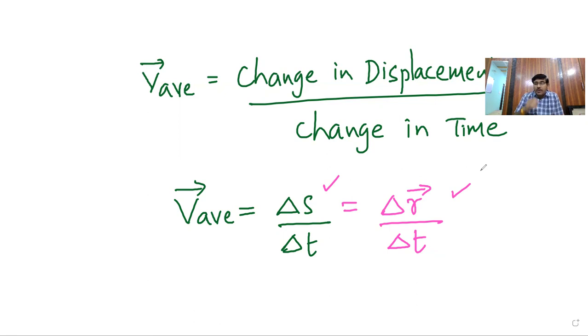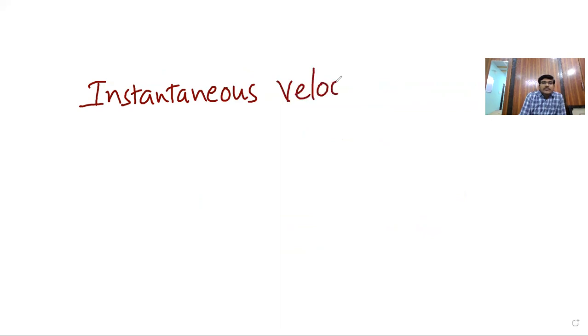Clear? Now, observe carefully. We have also defined a term, instantaneous velocity, which is simply v bar. Bar stands for vector.